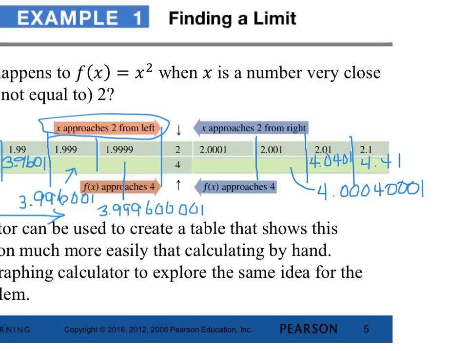And then again, just one more time, if we let it approach even closer to 2.0001, 2 1/10,000th, and we square that, the result is 4.0004000.